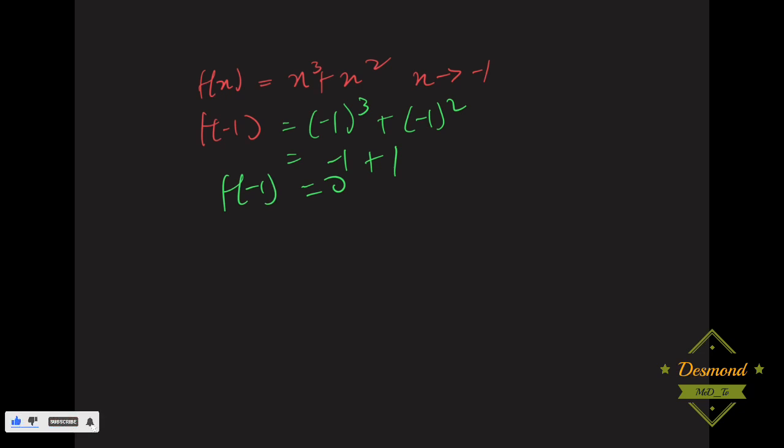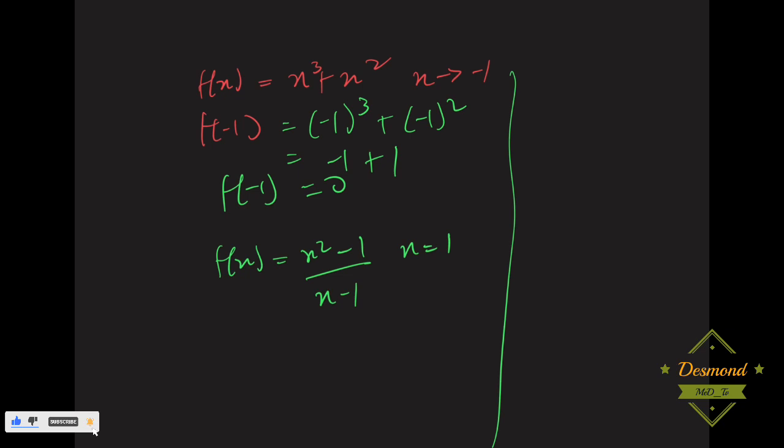Now let's take our last example. With our last example, we have f of x equal to x squared minus 1 over x minus 1. Now we are going to check if it is continuous at x equal to 1. So the first step we need to do is to factorize the numerator.